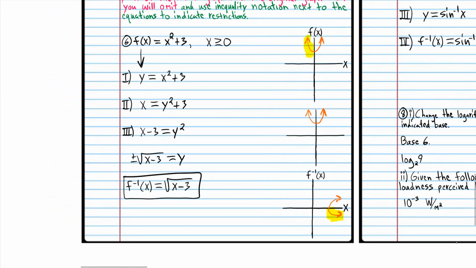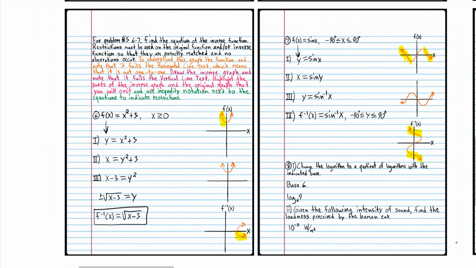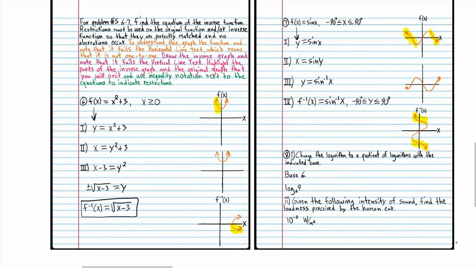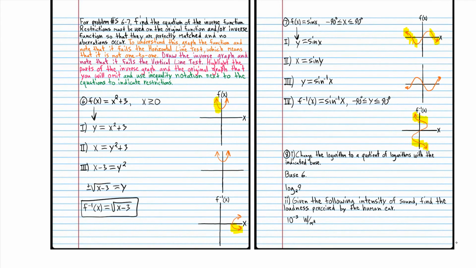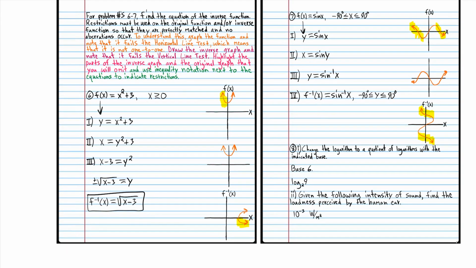Now, we didn't write this part for this graph down here because, again, it's just kind of assumed that those restrictions are applied. Here it's less obvious that there are restrictions applied, but here we know we can't plug in numbers that are less than 3. So we don't really necessarily need to show the restriction in the range.